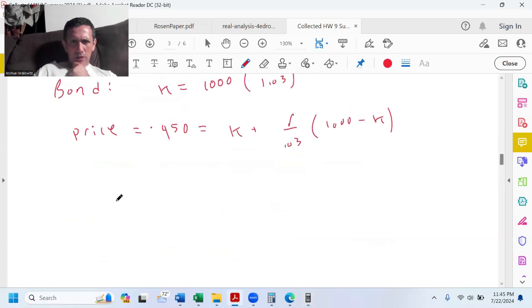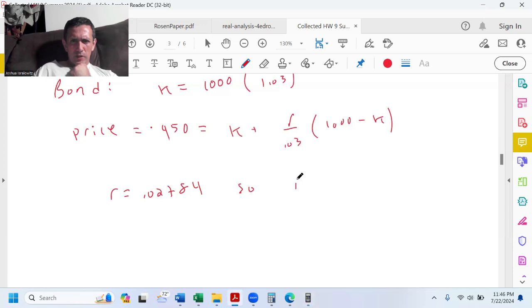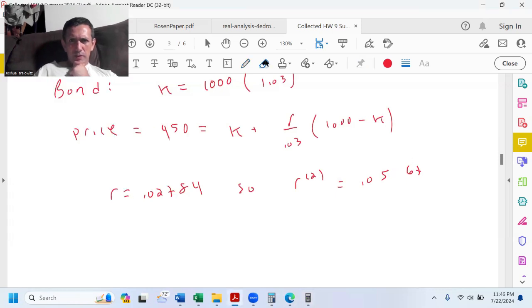So that R is 0.02784. That's my actual 6-month coupon rate multiplied by 2. R2 is 0.05567.